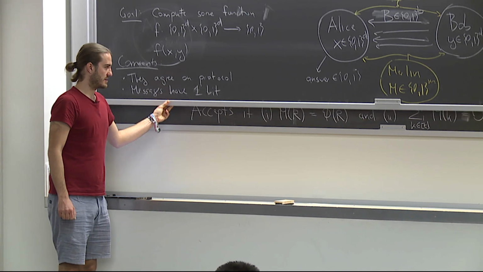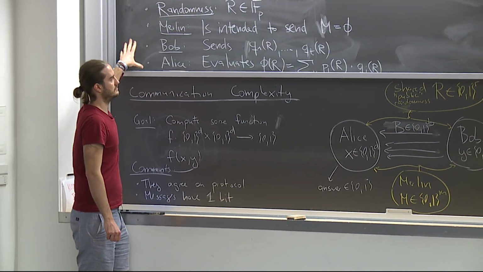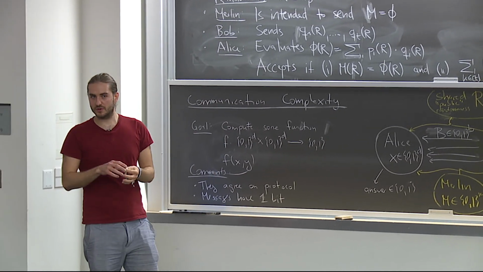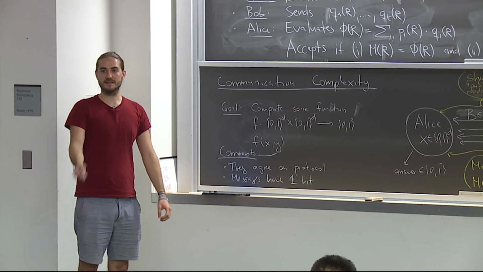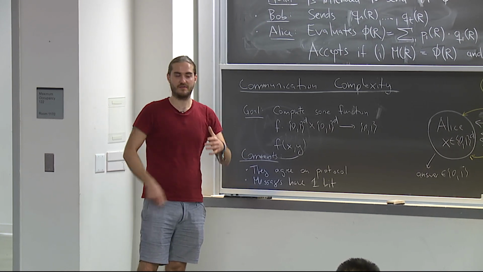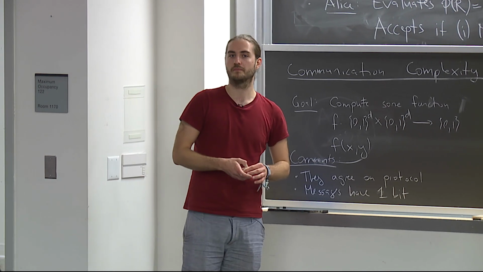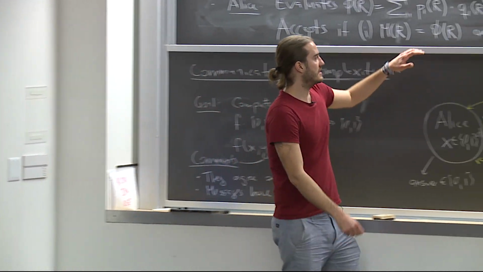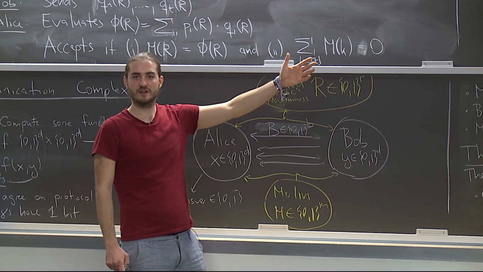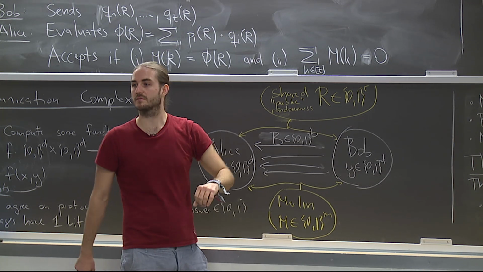Let me put it up there and talk a little bit about the protocol. Remember the two issues from before? We wanted Merlin to send something which is expressive enough such that you can extract some output out of it. You can learn whether the vectors are orthogonal. If Merlin actually sends the magic polynomial from over there, we can do it, because from that polynomial, by the observation over there, you can extract the inner product.